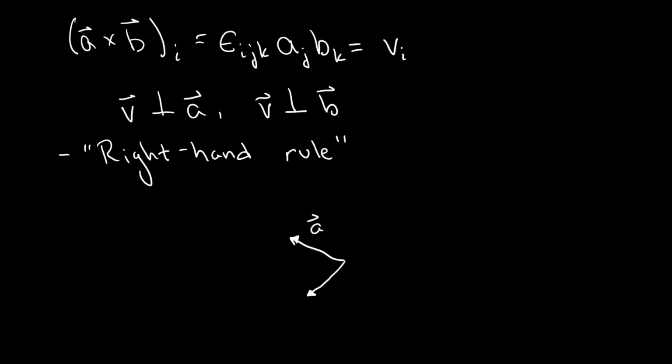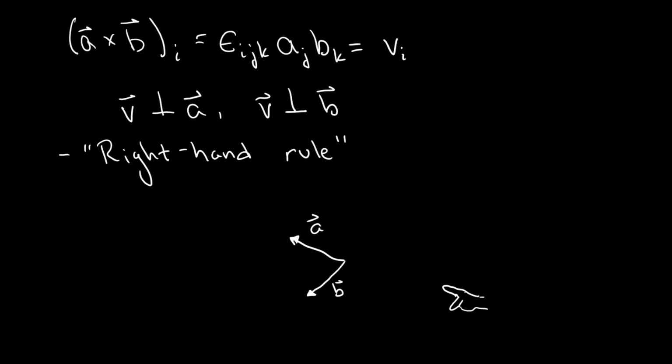I'm going to take my right hand, and of course this is a little bit difficult to describe over stream, but I'm going to point my index finger along vector A, and then I'm going to point my middle finger along the vector B, where the rest of my hand is down there.